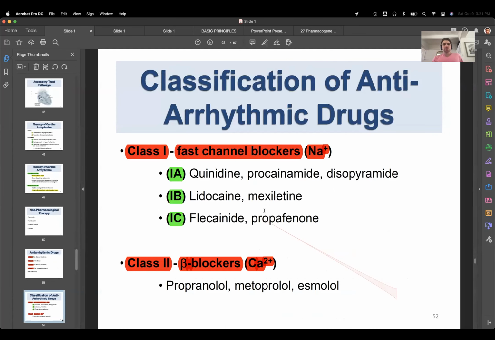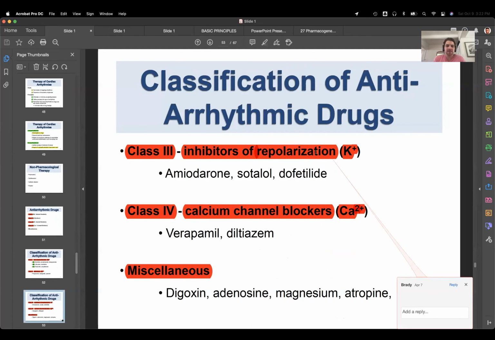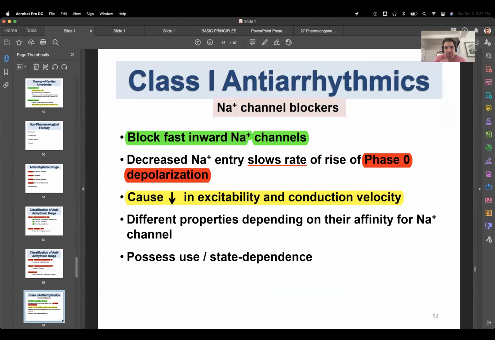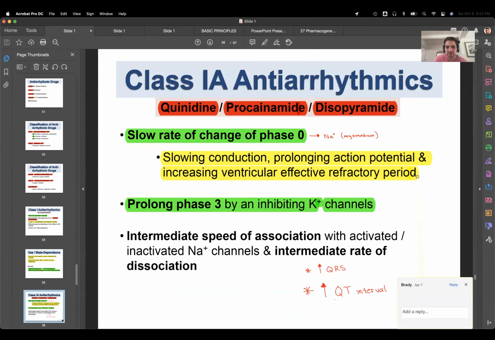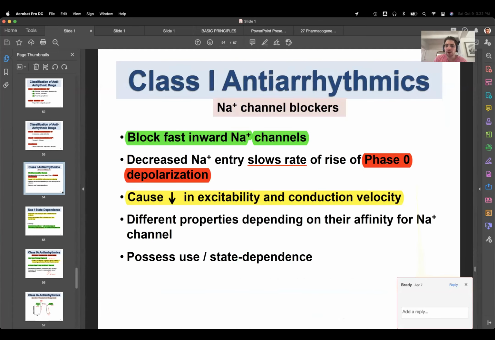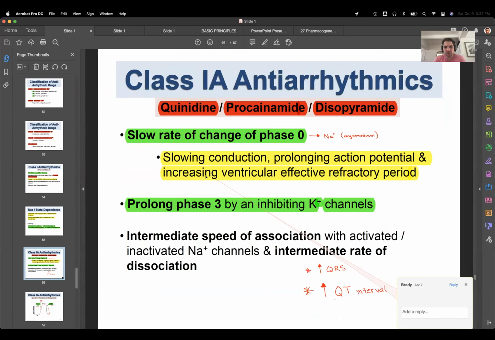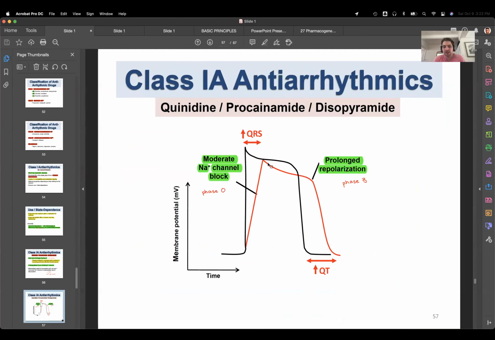Okay, so the class 1, remember, so it's sodium, so we're going to work on the myocardium. Okay, so 1A, B, and yeah, let's get to those. So we're working on the myocardial graph. Did they not show it again? Okay, here we go. Yeah, so you want to slow the rate of the phase 0 depolarization. And what you could do is you could see that here.